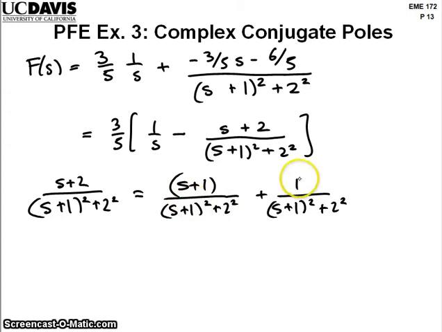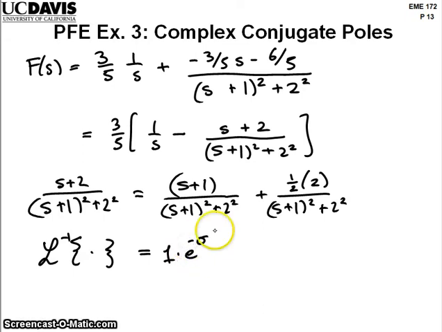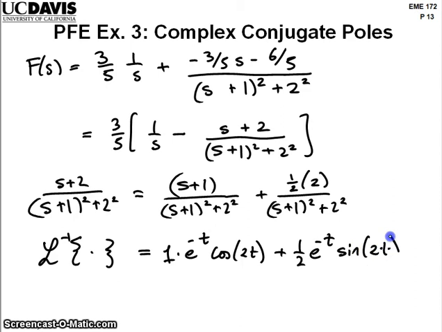And I'm going to do one little tweak here. This is 1/2 times 2. The reason I did that is that now these are both in the form that I can take the inverse Laplace transform. So the Laplace inverse of this stuff above is going to be equal to 1 times e to the minus sigma, sorry, the sigma is 1 here, e to the minus t cosine 2t, plus 1/2, there's a 1/2 here, e to the minus t sine of 2t.